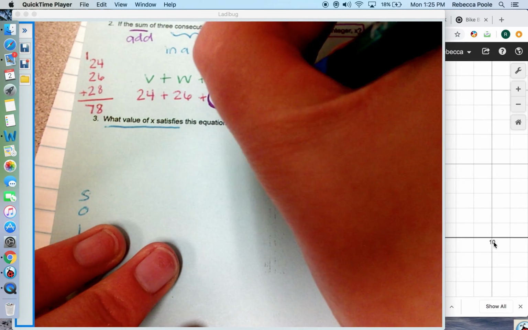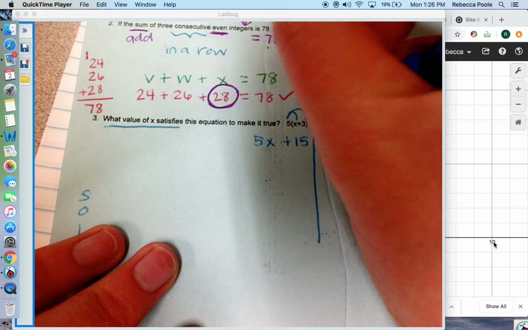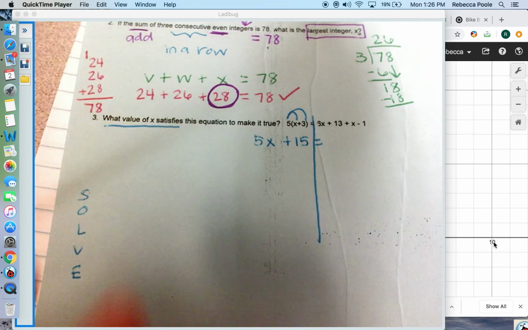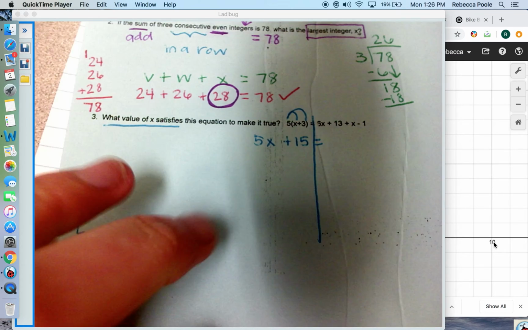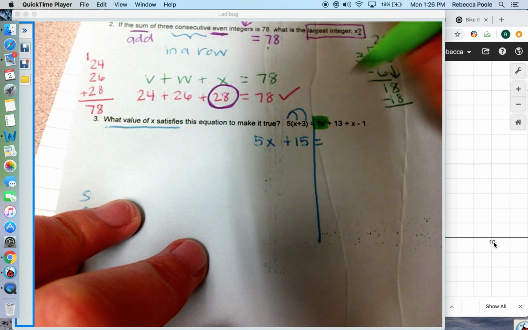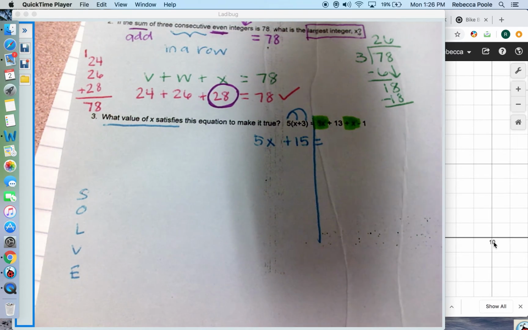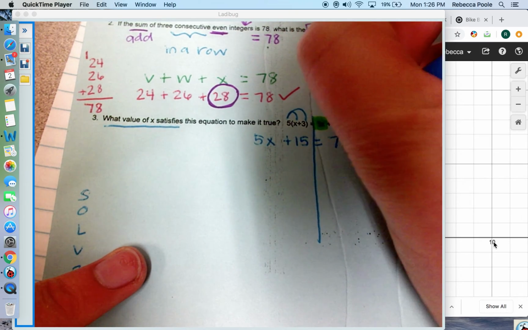So 5 times x is 5x. 5 times a positive 3 is positive 15 equals, and then I want you to look at that right hand side. As long as it's on the same side, we can simplify it together. So 6x and 1x are like terms. If you do 6x plus x, you're going to get 7x.